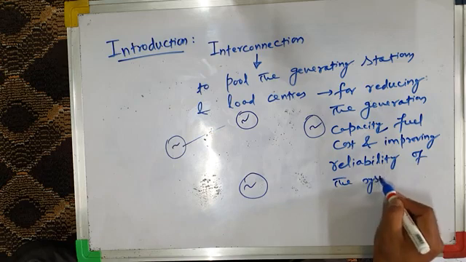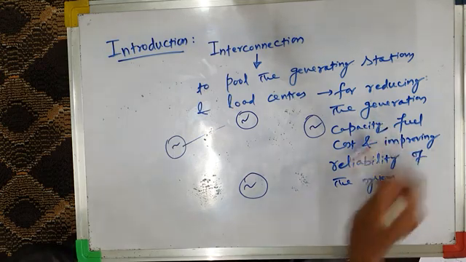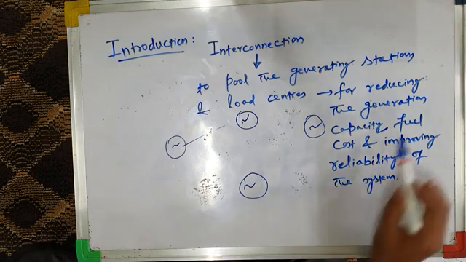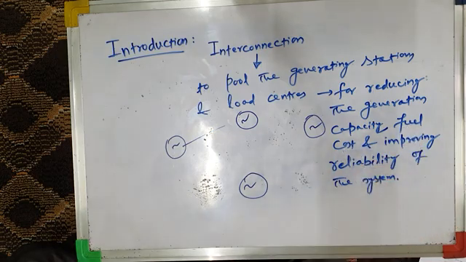This is why interconnection is done. We interconnect various generating stations and load centers together. We pool them together for reducing the total generation capacity. And when total generation capacity reduces, the fuel that we require also reduces. That is, fuel cost also reduces, and it improves the reliability of the electrical power system.